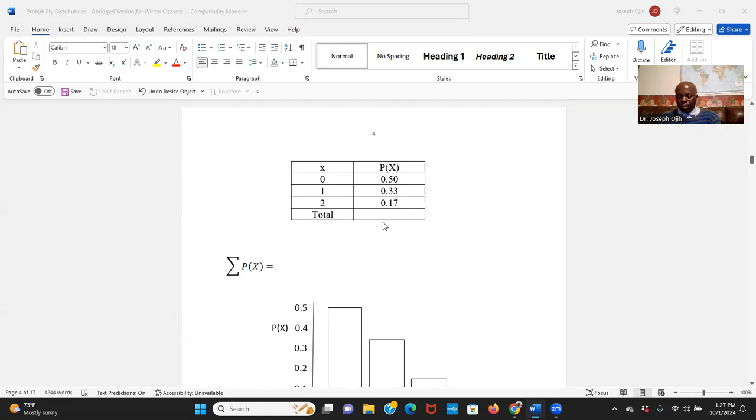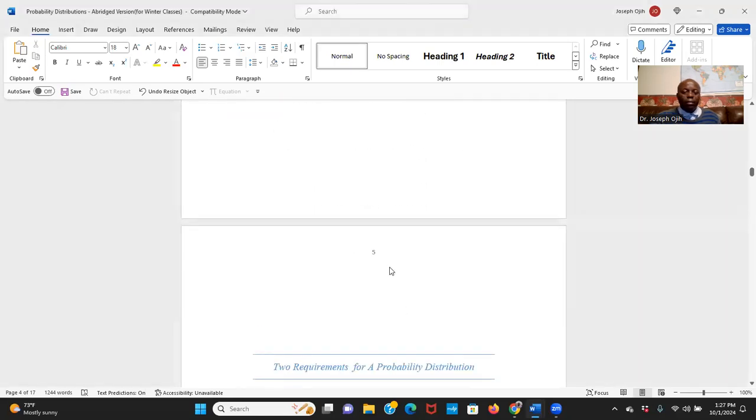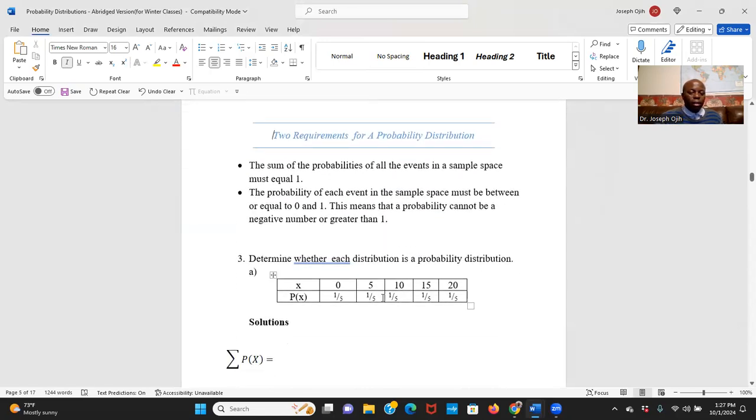Good. Excellent. Now, having given you this background, we can now take a quick look at the 2 requirements for a probability distribution. 2 main requirements that when you see a distribution that have this requirement, then it means that it is a probability distribution.